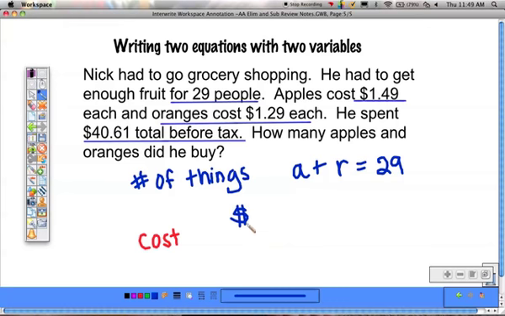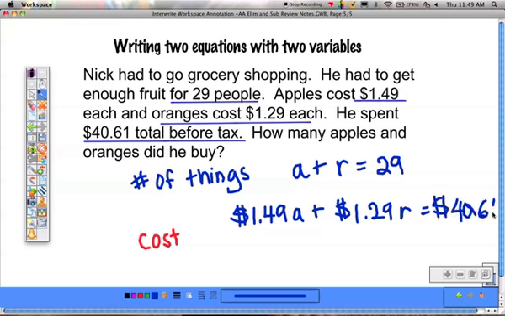So $1.49 per apple plus $1.29 per orange. Oops, I used R for orange. And that equals 40.61. So when you have a word problem with numbers of things and then the cost of things, divide it up in two equations where one equation is just number of things and one equation is just cost of things. Okay? And then you could use elimination or substitution to solve for this.